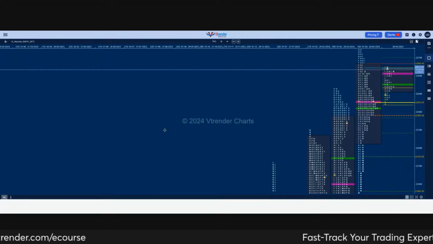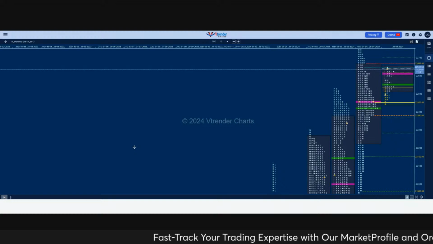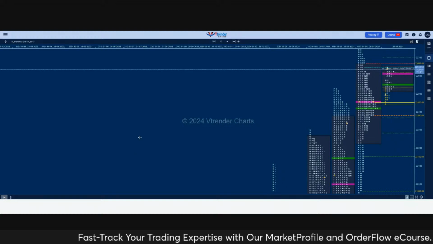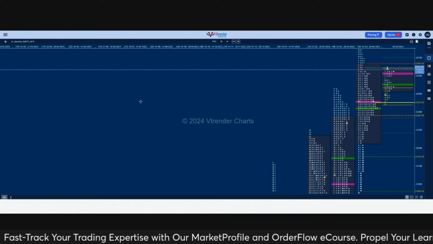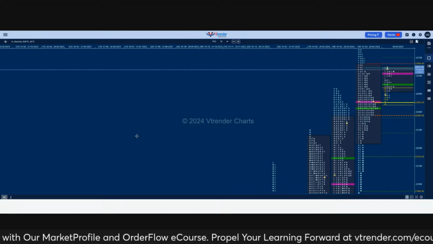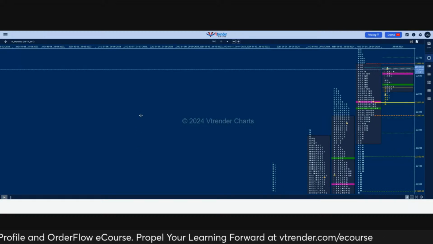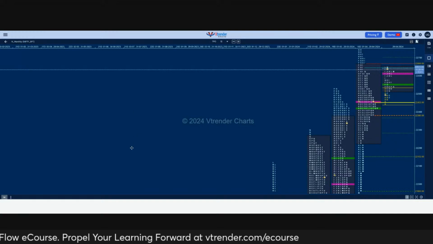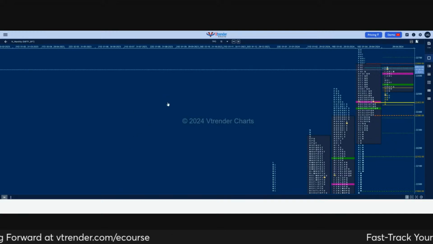When it was taking support right above this POC, and we also saw the POC of Friday shifting lower, it was indicating that the sellers were booking out. So this was an important cue that on the weekly basis we are not looking to break this POC. The only thing left was that the auction would probe higher.